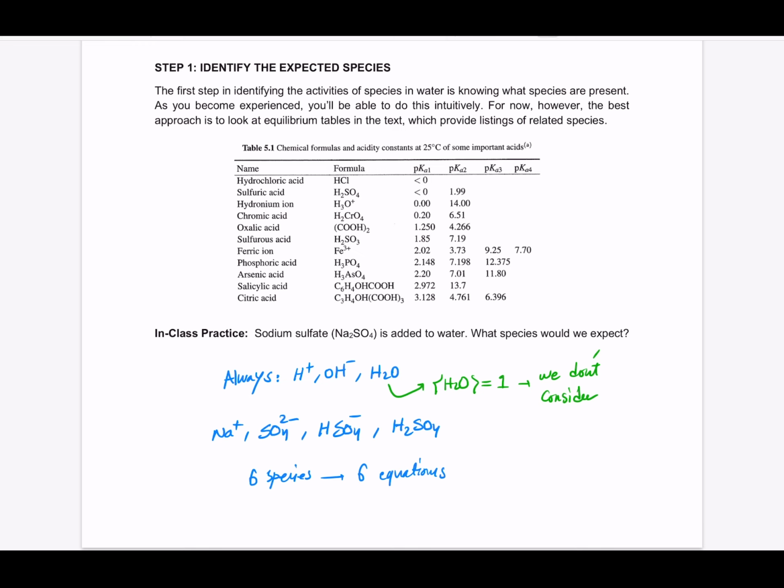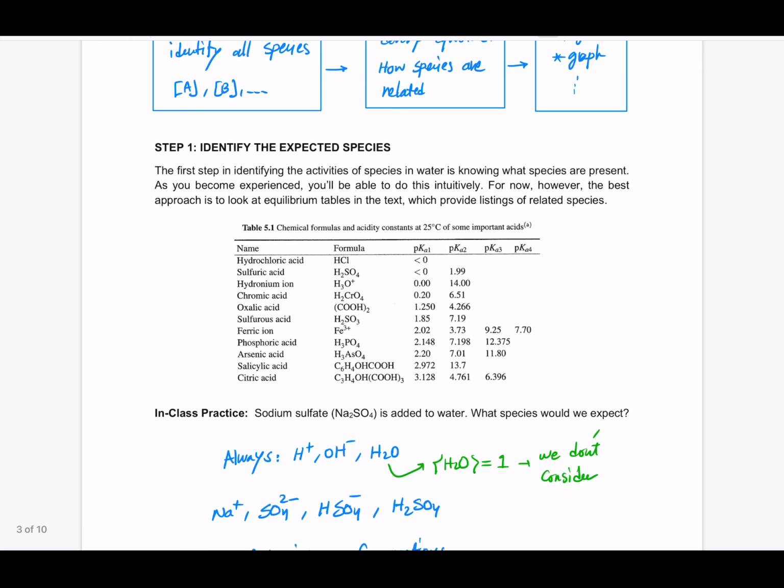So eventually what this gives you is the ability, if you add 1 molar of sodium sulfate, to predict what the pH would be, because H plus is one of the species, and when you can calculate the concentration of that, then you can estimate the pH. Or the opposite, if you want to increase or decrease the pH of your solution to, let's say, 4, you can tell how much sodium sulfate you need to add to that sample. So a very useful information.